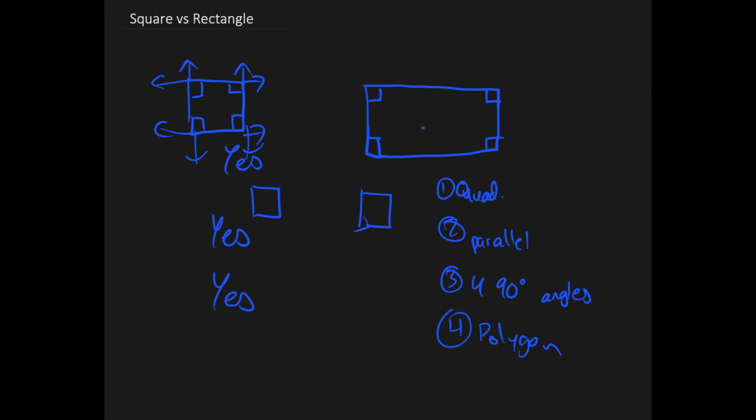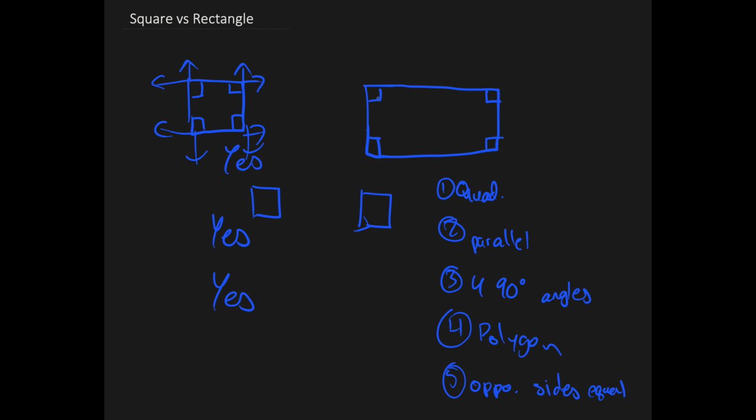So we're trying to figure out if a square is a rectangle. Did we get all the attributes? I think we did. Polygon, 4 90-degree angles. And oh yeah, one more thing, if you really want to go through: are opposite sides equal?